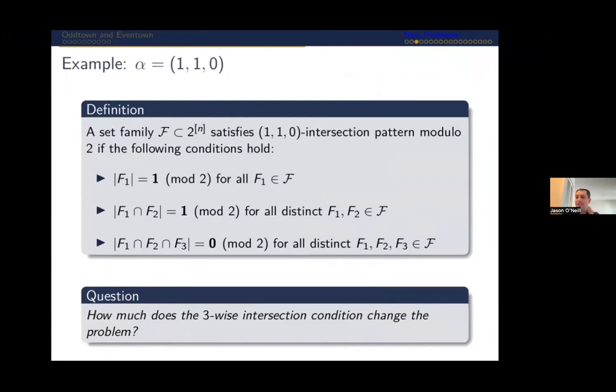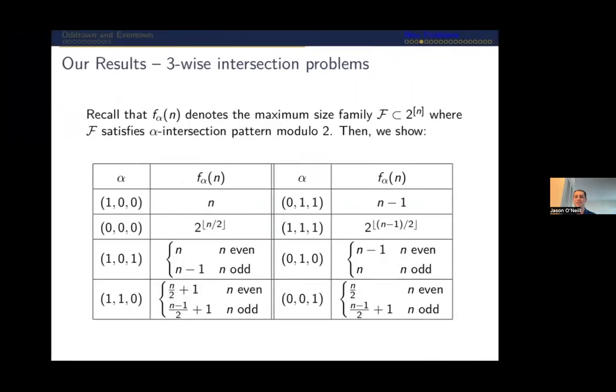The next slide is going to have a lot of information, but it's going to include the answer to all 8 problems that you can ask by looking at the 8 possible vectors. Okay, so I'm going to take a deep breath too. A lot of information on this slide. Let's start with the first row.